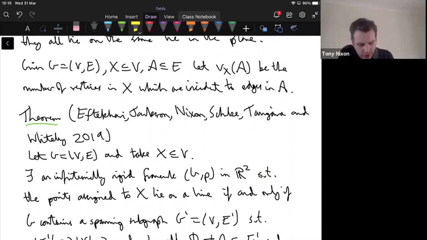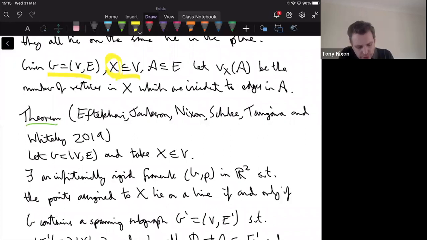So I need to introduce some notation to describe the combinatorial condition, which you'll see is significantly harder than the usual count conditions that we've had. So given a graph and a specified subset of vertices X, X is going to be the subset of vertices that are going to be on the equator of the sphere or will be realized collinearly in the plane.